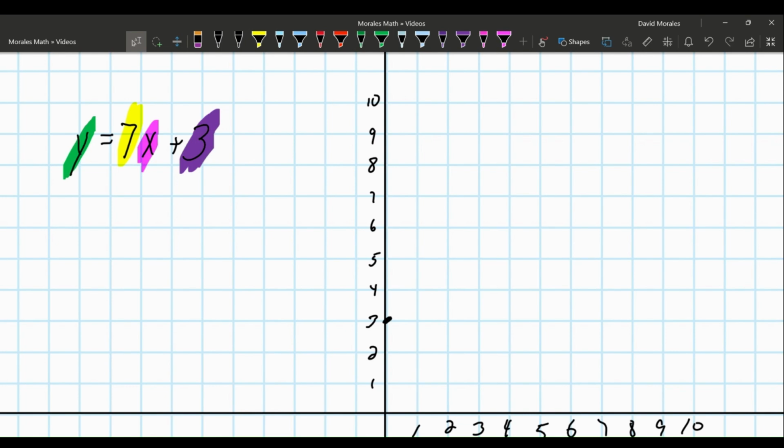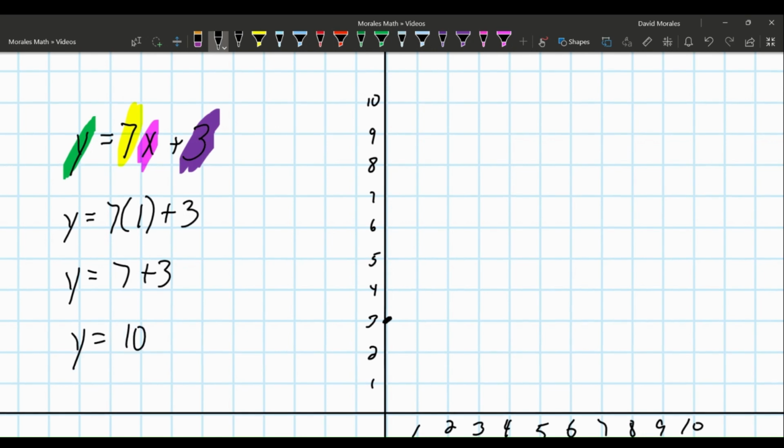Now, what if you actually put in 1 hour? Well, I can actually calculate this on the left-hand side. It's y equals 7 times 1 hour plus 3. Y equals 7 times 1 plus 3. Y equals 10.